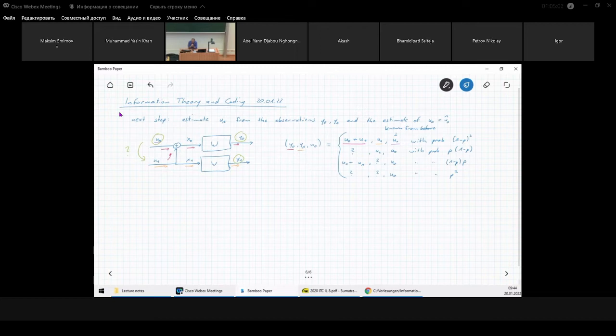Now think about the cases in which we can conclude on the value of U1. This is what we want to determine now from our observations. Well, obviously the first two, we directly have a correct observation of Y1. This is easy. There we know U1.